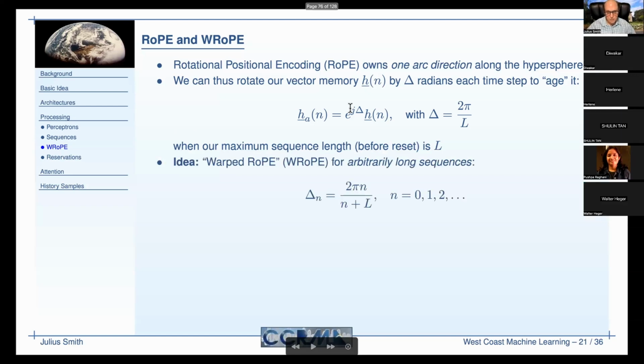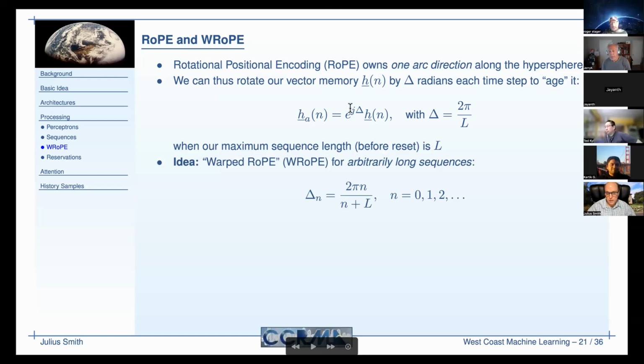But you can do better, and this is inspired by the bilinear transform in filter design. We can use warp RoPE, and so instead of just a linear phase step, we can have a phase step that decreases with time. So early on, it's 2 pi over L. It starts out looking like the previous one, but then as you go up, it will never approach 2 pi.